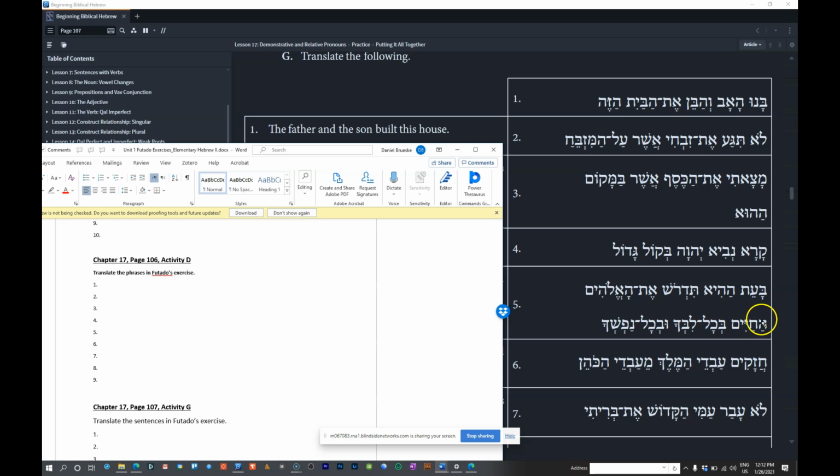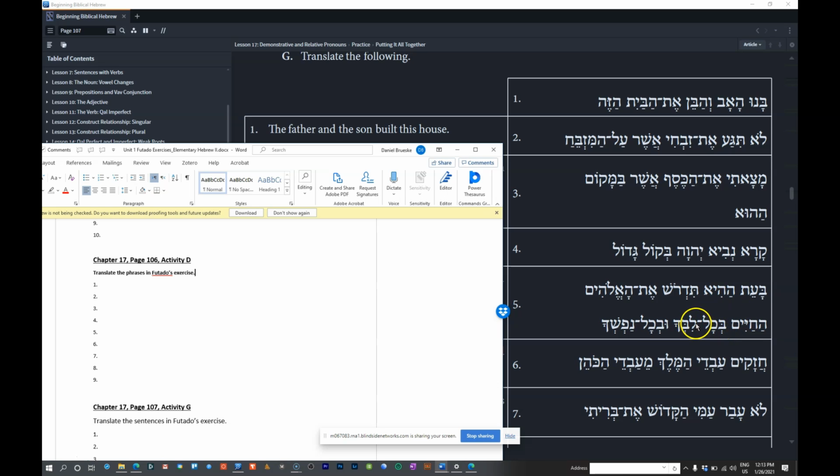So because it comes after its noun and it agrees in definiteness, it is attributive. Seek the living God. That still doesn't tell us whether this is she will seek the living God or you will seek the living God. Let's keep going.